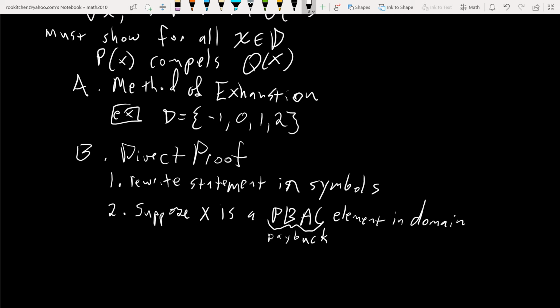Suppose x is a payback element in the domain. After we do that, it's not just an element in the domain, it's an element which satisfies p of x. So let me amend this.